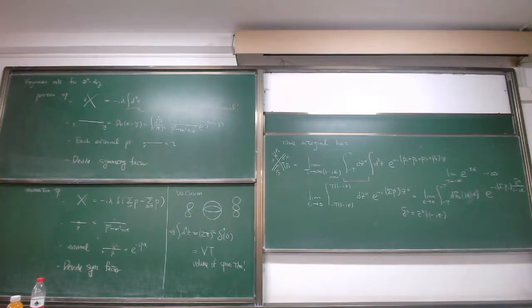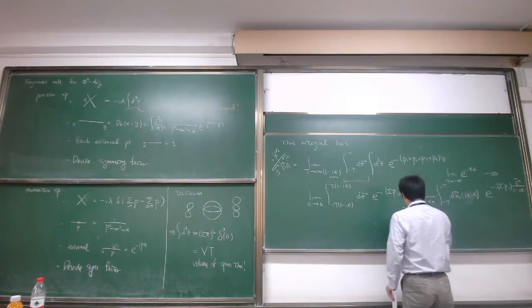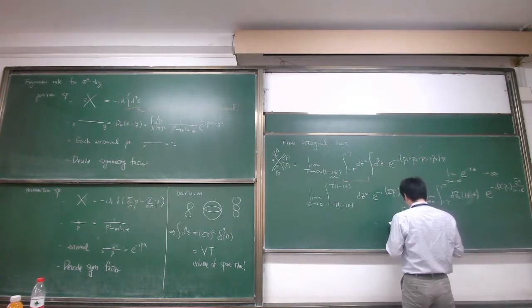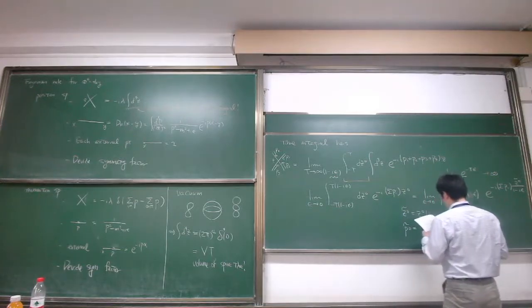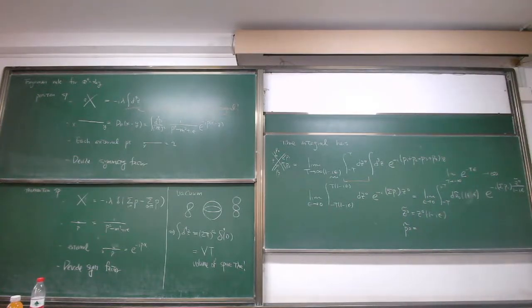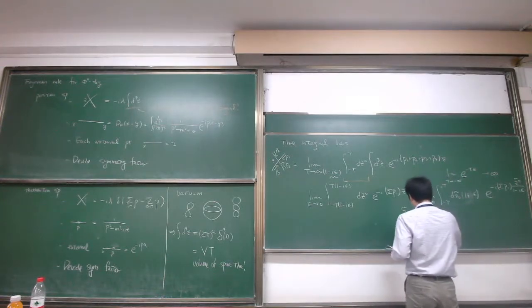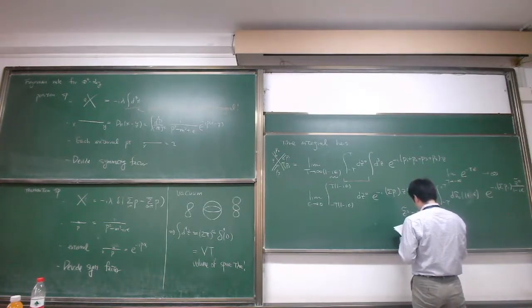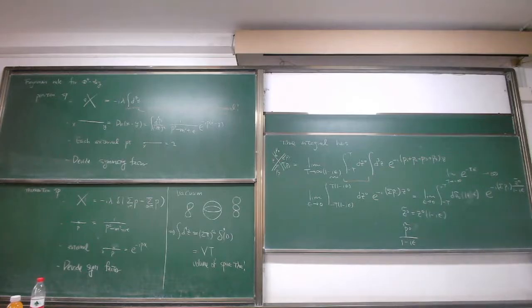Then we define p0 tilde to be p0 times (1 minus i epsilon). What I'm doing here should be okay so far. Everything's okay.